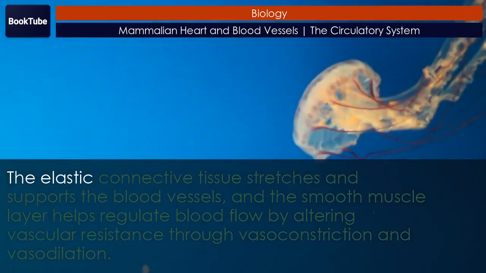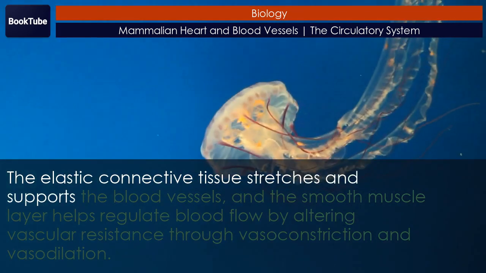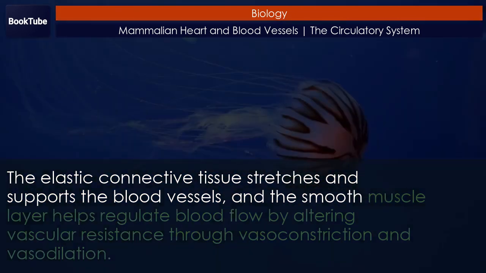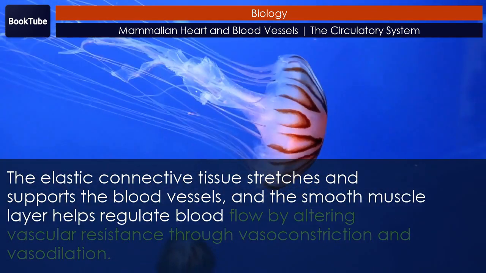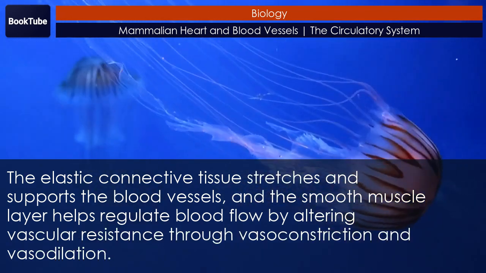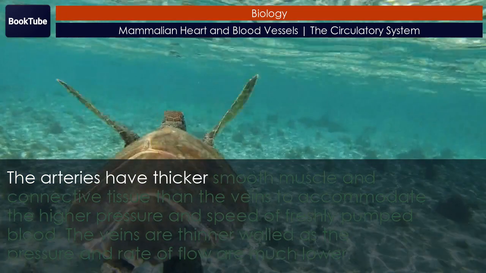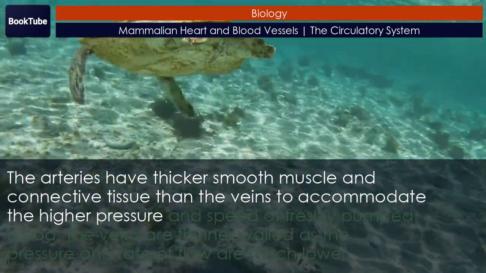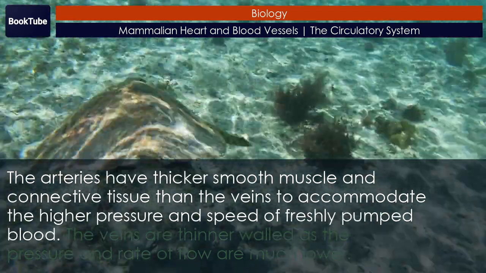The elastic connective tissue stretches and supports the blood vessels, and the smooth muscle layer helps regulate blood flow by altering vascular resistance through vasoconstriction and vasodilation. The arteries have thicker smooth muscle and connective tissue than the veins to accommodate the higher pressure and speed of freshly pumped blood.